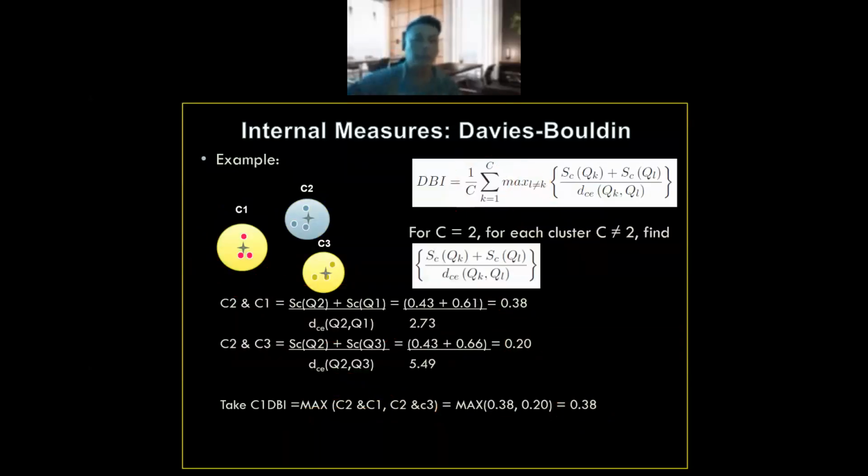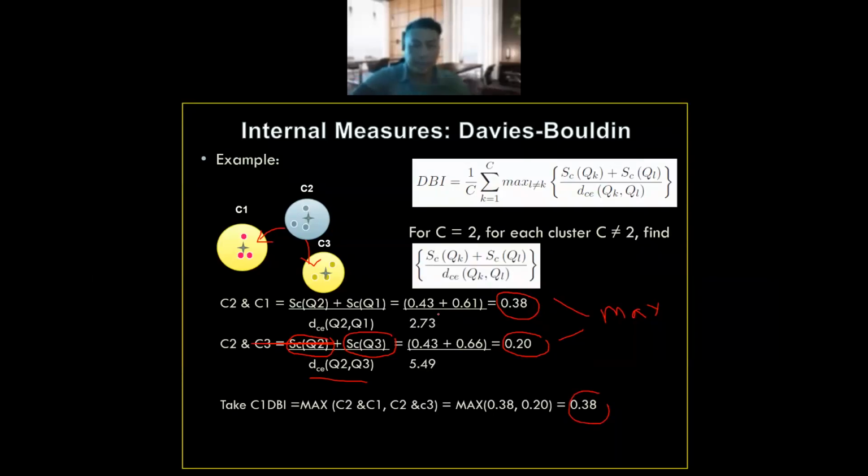That means I will do it for C2 and C1 and also C2 and C3. So for this one I get 0.38, and then for C2 and C3, I take the compactness of cluster 2 plus the compactness of cluster 3 divided by the distance between cluster 2 and 3. Then I get this. Then between these, I find the maximum. The maximum will be 0.38.